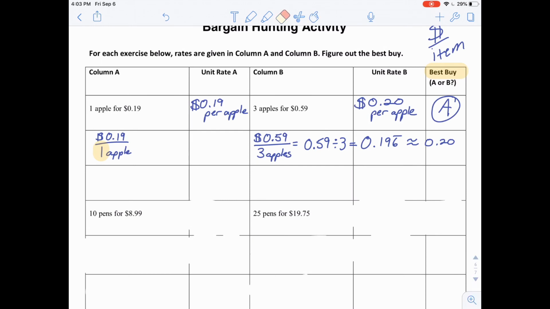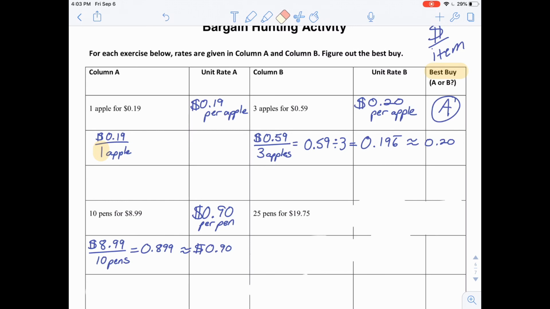All right, I hope you did some good work, some careful ratio setup, and some good dividing. So if you set up your ratio for the pens, you should have had $8.99 per 10 pens. And when you divide your numerator by your denominator and round to your nearest penny, you get 90 cents per pen.